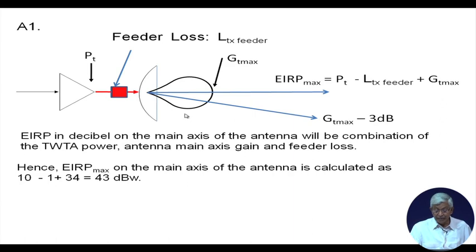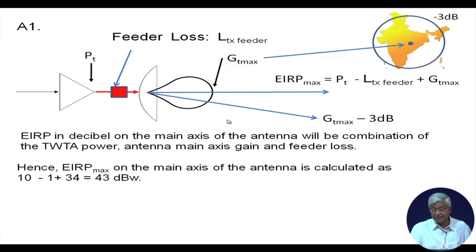At 3 dB from the peak, that is on axis, the antenna gain is reduced by 3 dB. The pattern of the antenna is like this: a peak and then it reduces on both sides. When it is a 3 dB reduction, that is the half power point, it is GT max minus 3 dB, and that is the 3 dB contour coverage.